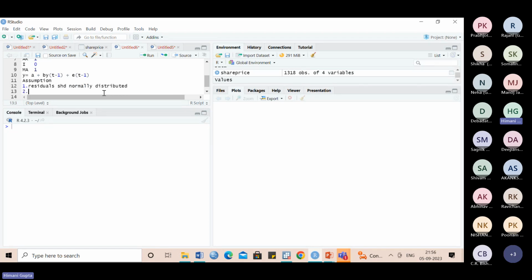Next assumption, what is it? No heteroscedasticity, so I can say homoscedasticity. Do you think this assumption will fit in this model?